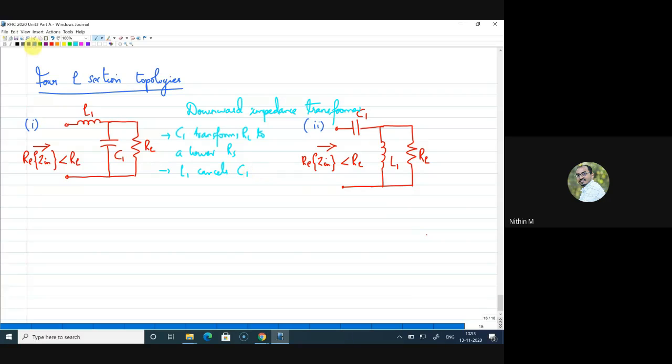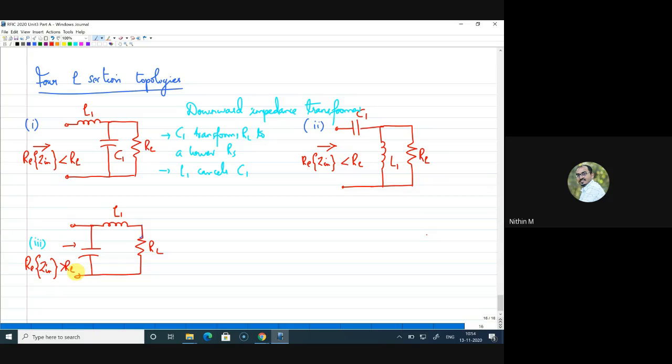So in a similar way, as you guys suggested, if I have a resistance here which is RL, now if I add an inductance in series L1 and a capacitance here in parallel, this will of course give you a real part of impedance greater than RL, right?